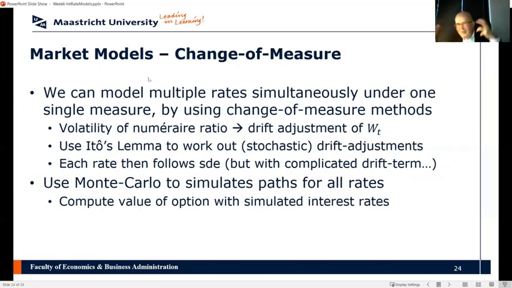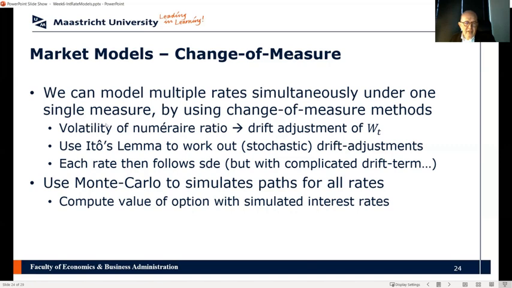Well, this gives another tool that we talked about already early in the class. I'm basically bringing everything together here. We can use this change of measure and change of numeraire technique. So the way we can model multiple interest rates simultaneously under one single probability measure is by using change of measure methods.